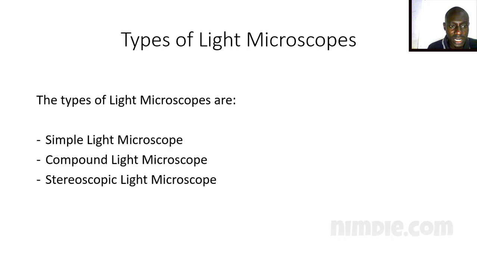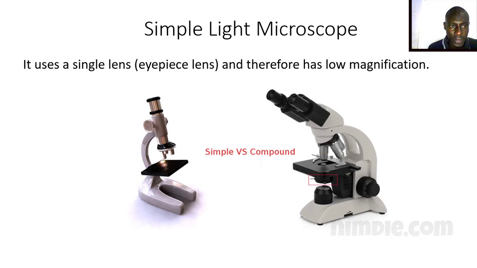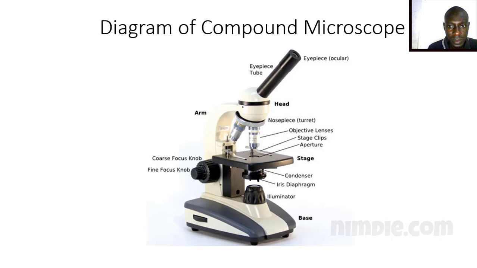We have generally three types of light microscopes: the simple, compound, and stereoscopic. There you have a diagram showing the simple and the compound light microscopes. A simple light microscope has only a single lens or eyepiece lens and therefore has relatively low magnification. That is a compound microscope.